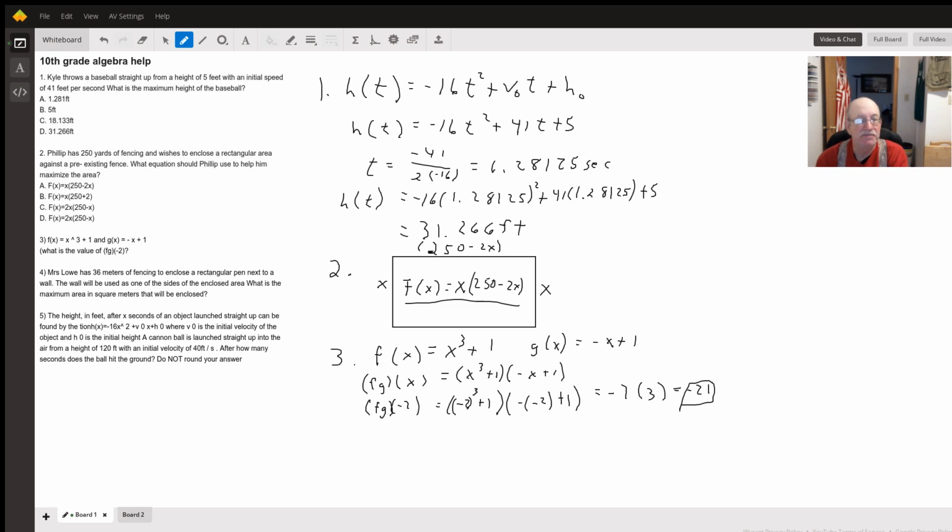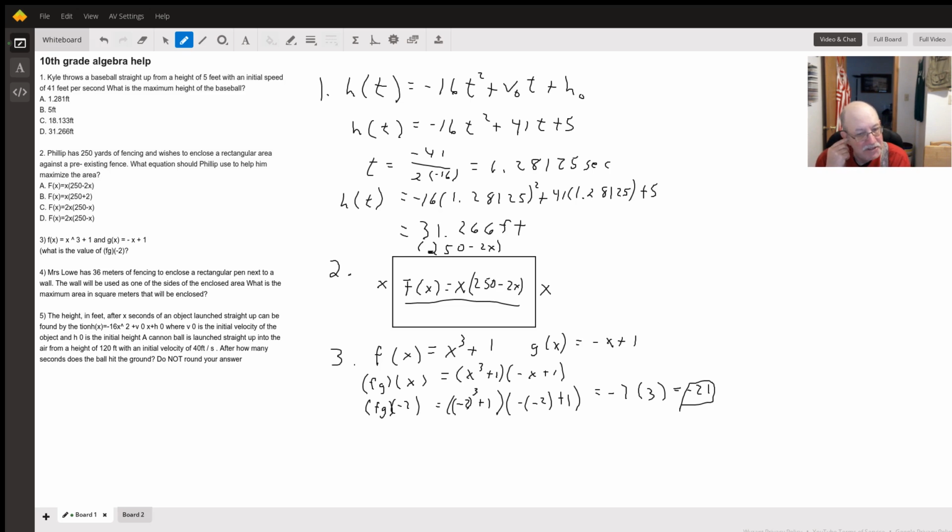So that makes the function for the area x times 250 minus 2x, because the area of a rectangle is length times width. That's your function.